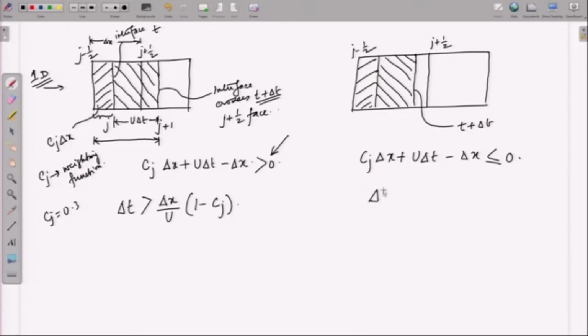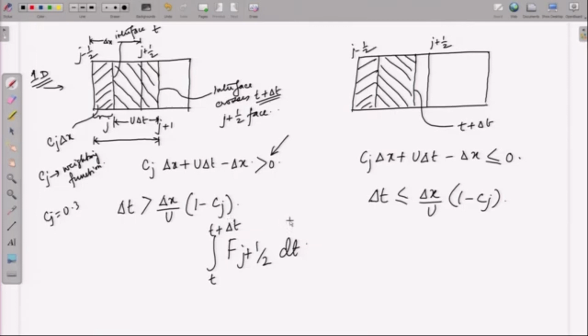That is possible if delta t is less than or equal to delta x by u times 1 minus C j. So, if this is the basis on which you are calculating the flux transfer, then you will never have any artificial diffusion, and that is exactly what we indicated in the previous equation for f j plus half from t to t plus delta t.